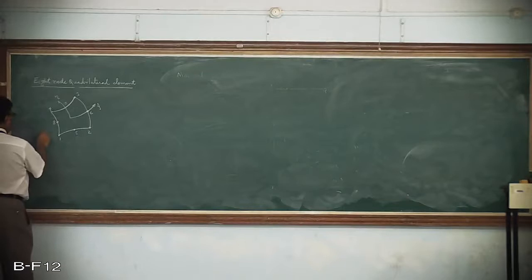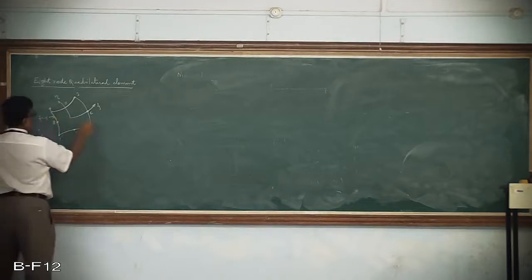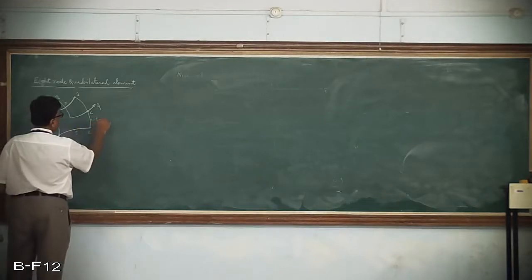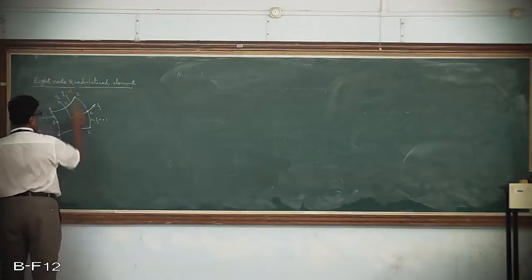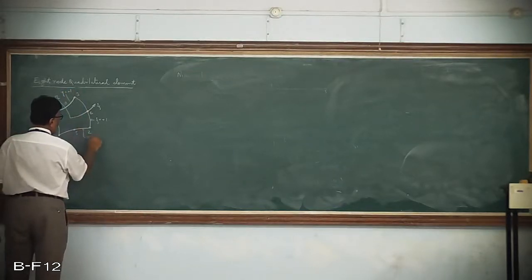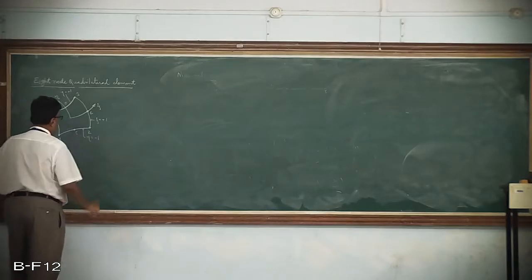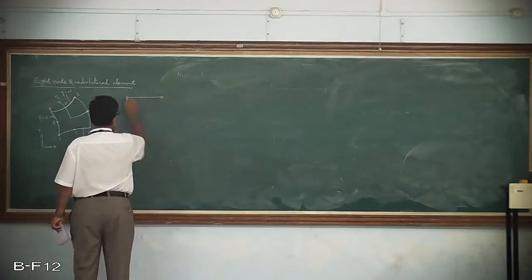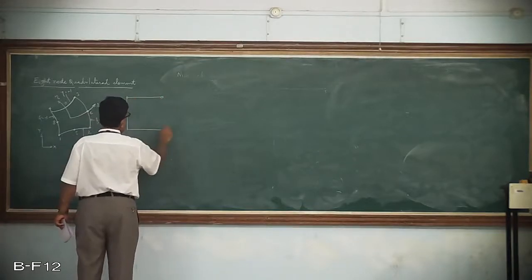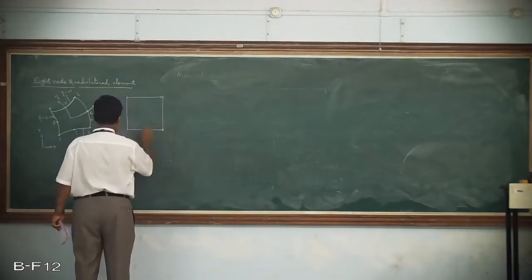And this is of course in the x and y coordinate. This is minus 1. This is zeta equal to plus 1. Zeta equal to plus 1. Zeta equal to minus 1. And if you develop the master element, this is called the master element.